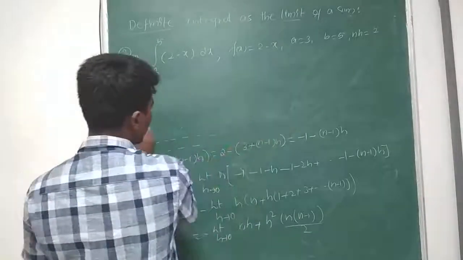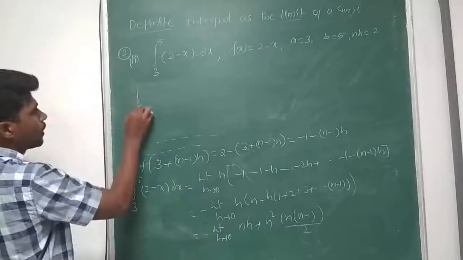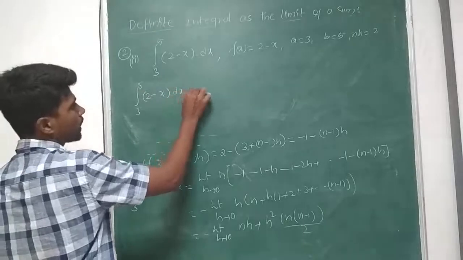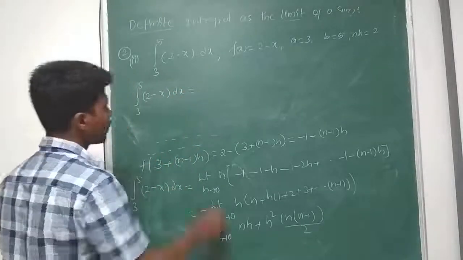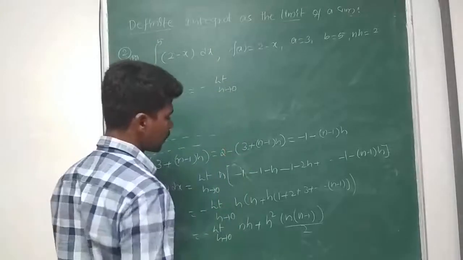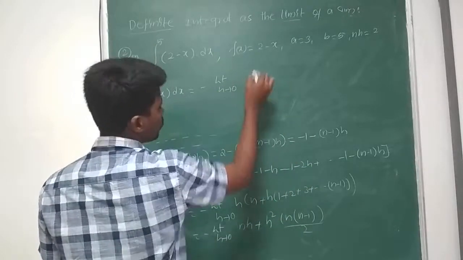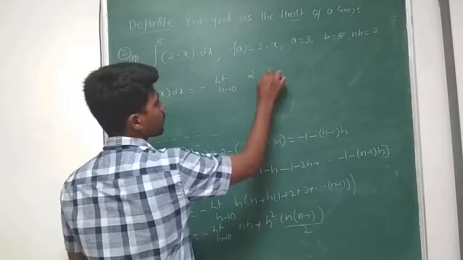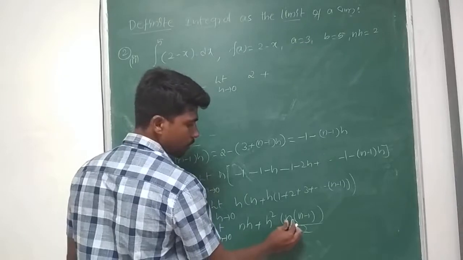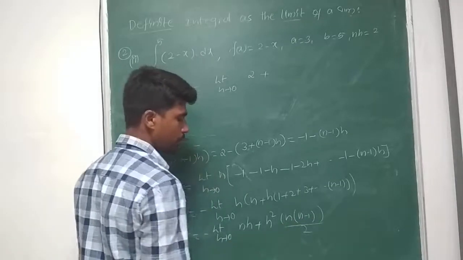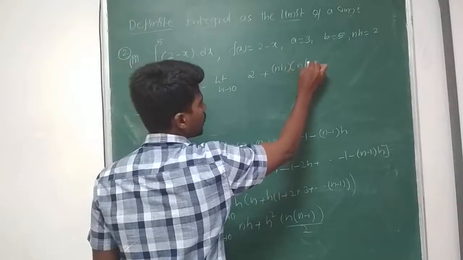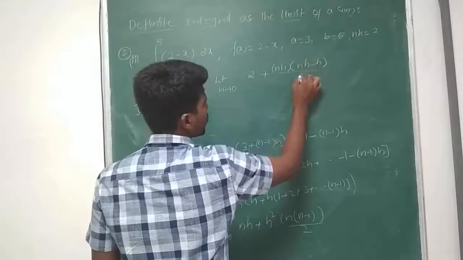So go for simplification. Integral 3 to 5, 2 minus x dx is equal to minus limit h tending to 0. The value of nh is 2, so 2 plus h square, and for the first group 1 h, second group 1 more h, so I get nh into nh minus h by 2.